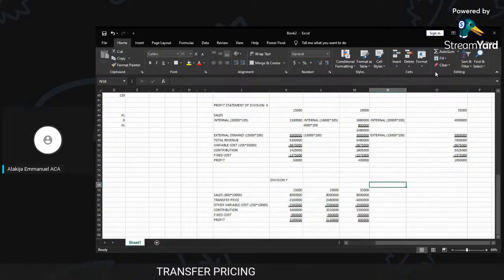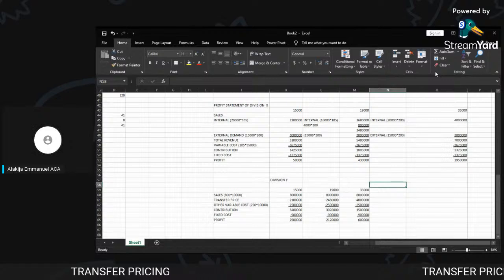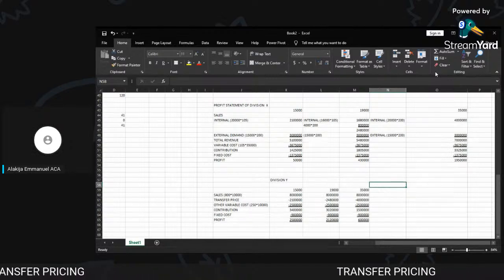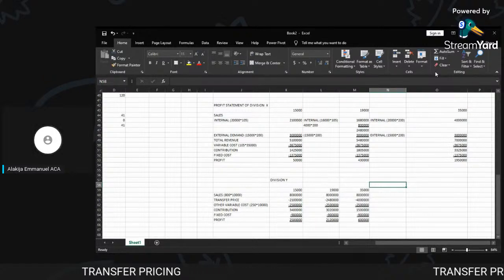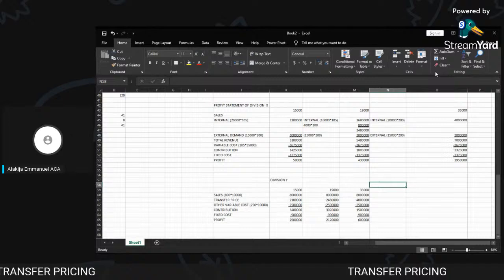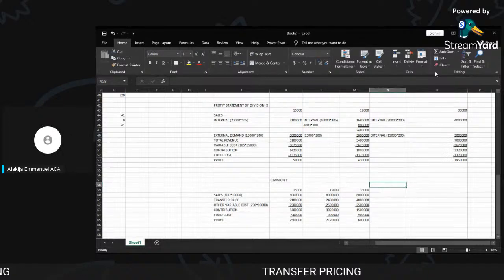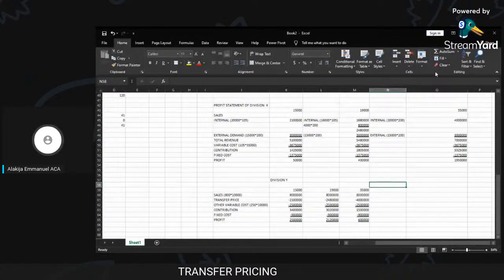Your answer must consider the impact of each three levels of demand: 15,000, 19,000, and 35,000 components from external customer for the component manufactured by X.